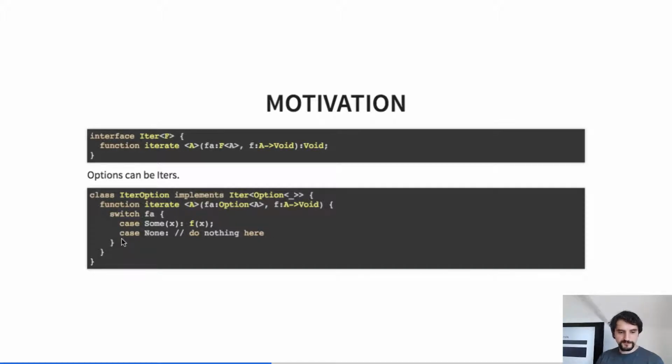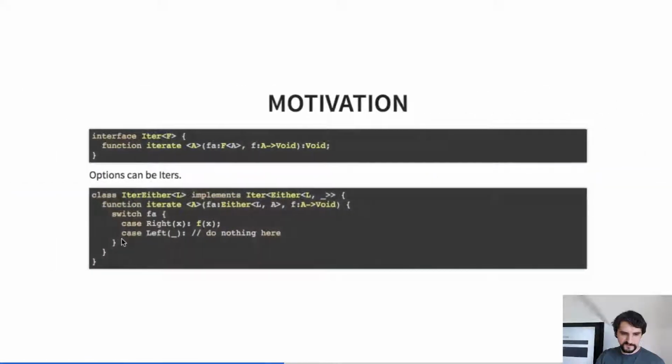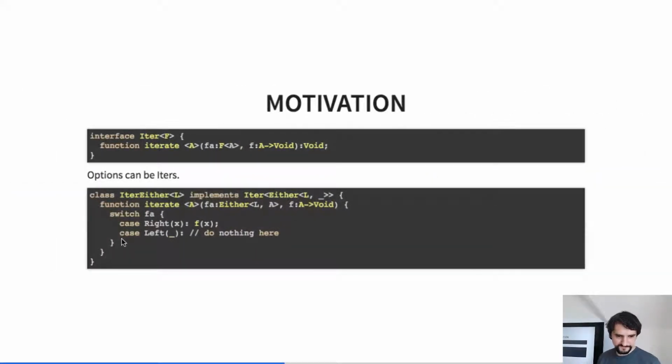Another implementation for option, for example, where you just iterate over the one element that's inside of an option. The same could be done for an either type, like in this example, and it would work exactly the same. Any questions up to this point? Is that clear? Yeah.